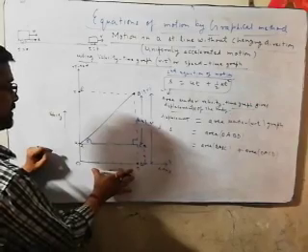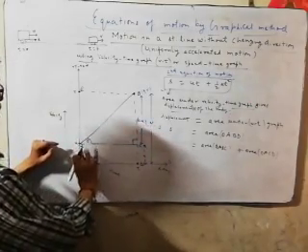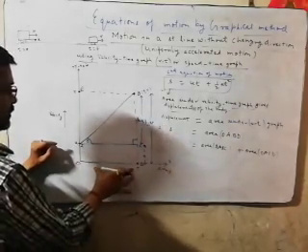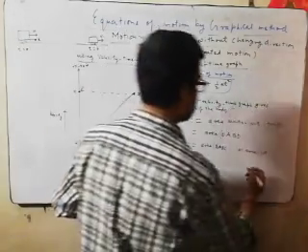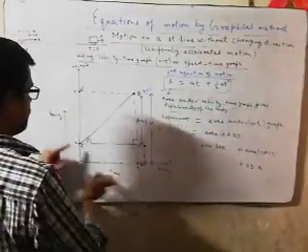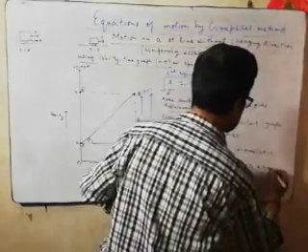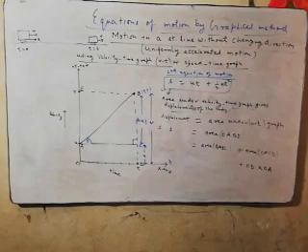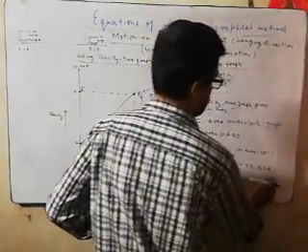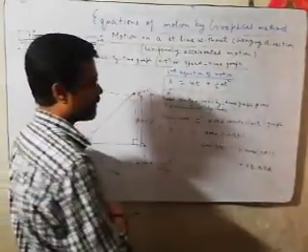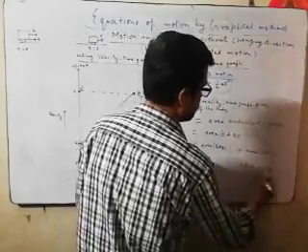Length is T and breadth is OA, that is U. So OD into OA.